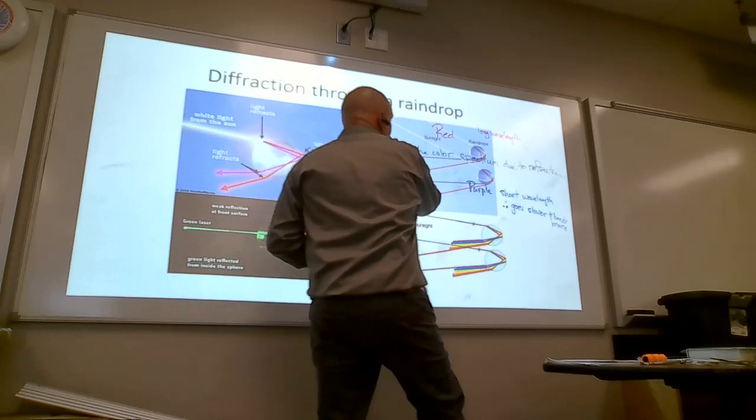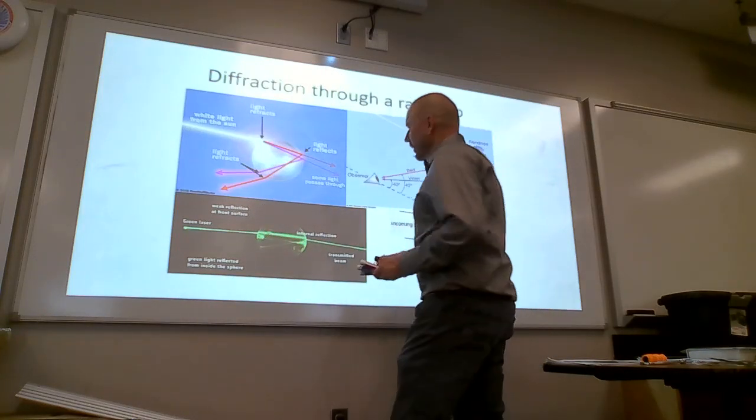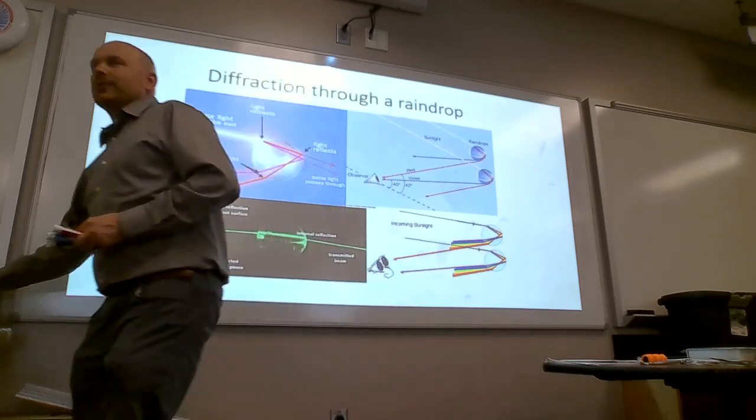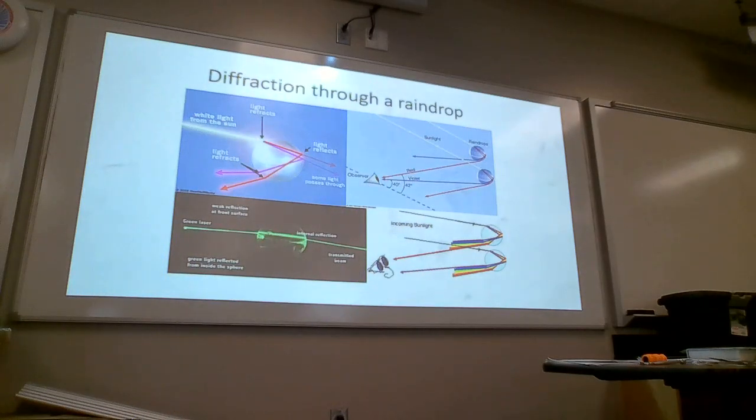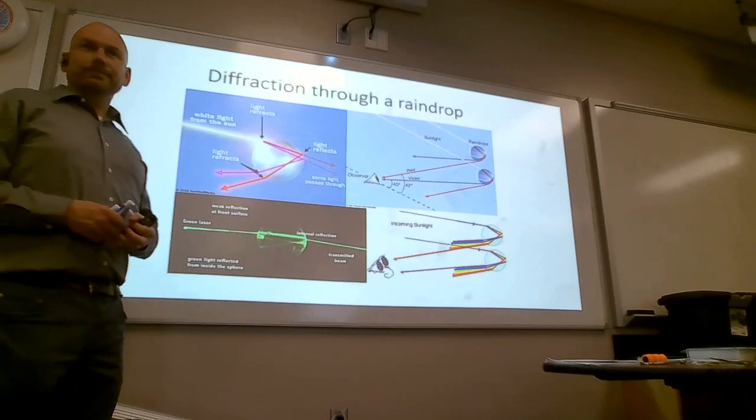I'm assuming you've lived life enough to know when the conditions are ripe for a rainbow. Rain, the sun comes out, ooh, rainbow. It's got to be somewhere. Start looking. Okay? So here's how this works. You need sunlight, you need raindrops, and you need your eyeballs.